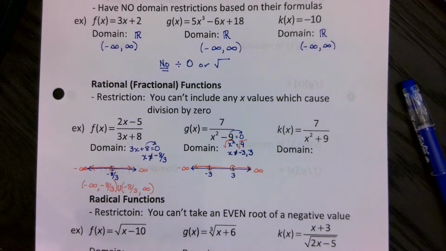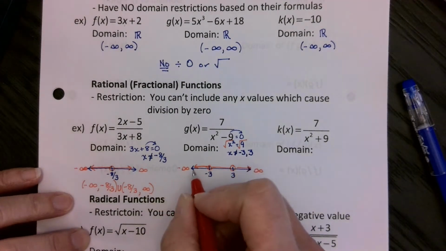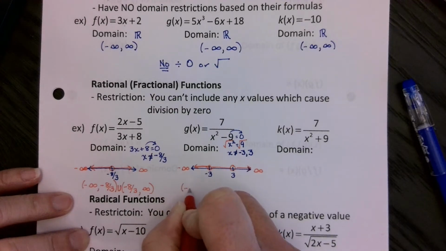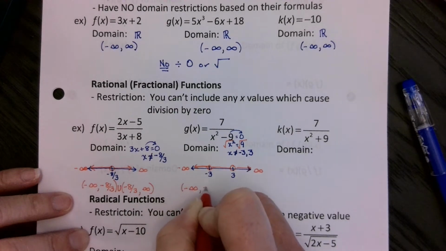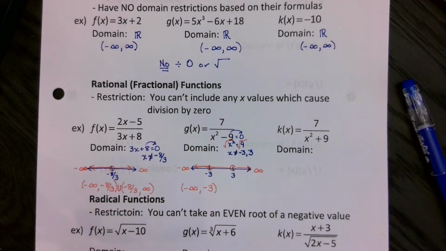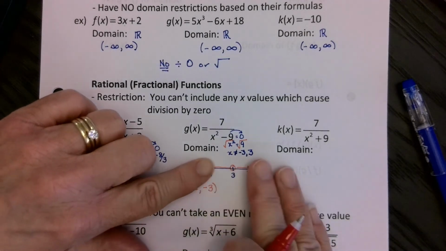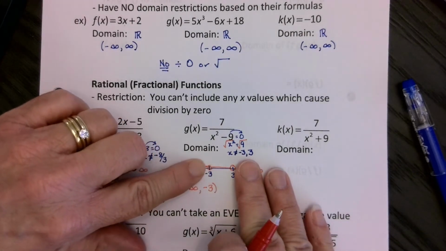Now, when I do that, to write this part, it is negative infinity up to -3, parentheses. Then that takes care of this part right here. Well, then I've got to take care of this part.